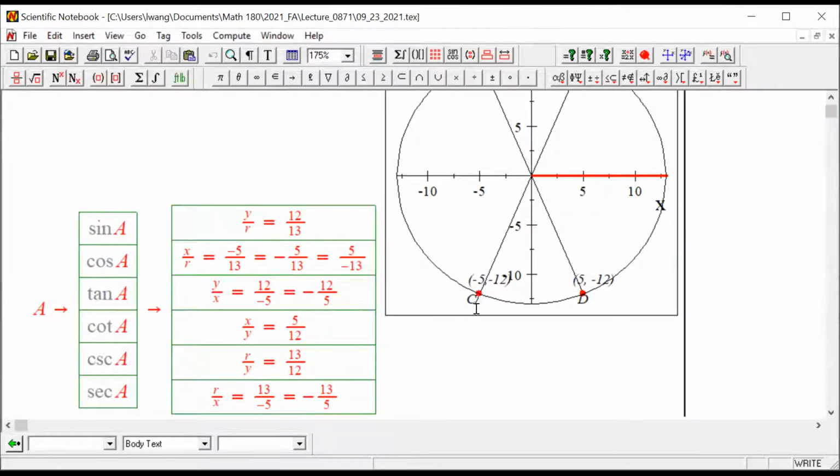And next, we're gonna work the same process for points C and D, okay? C is on the terminal side in the 3rd quadrant. D is on the terminal side in the 4th quadrant. So this time I'm gonna set up the breakout rooms. You guys know what to do, right?